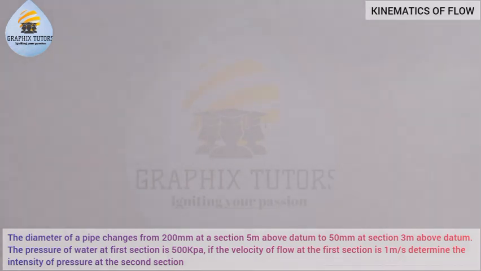The pressure of water at first section is 500 kilopascal. If the velocity of flow at the first section is 1 meter per second, determine the intensity of pressure at the second section. I will always tell you this.